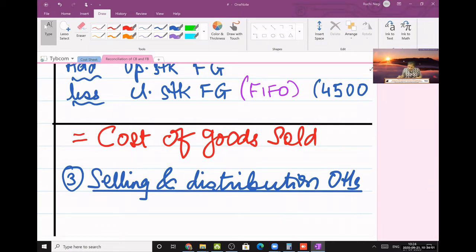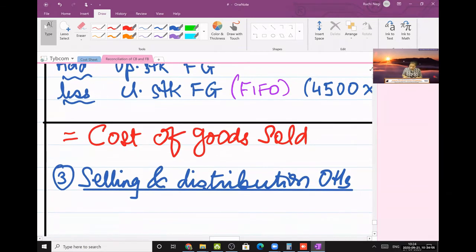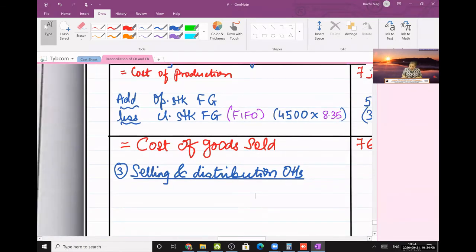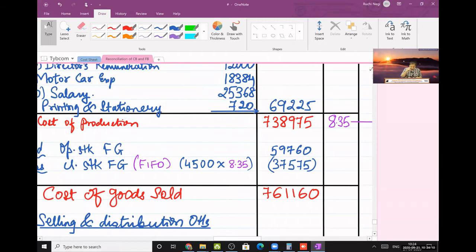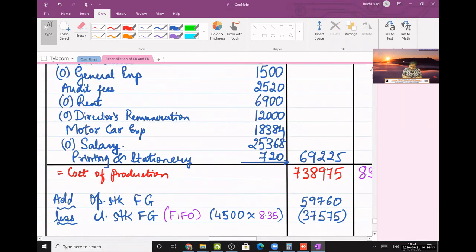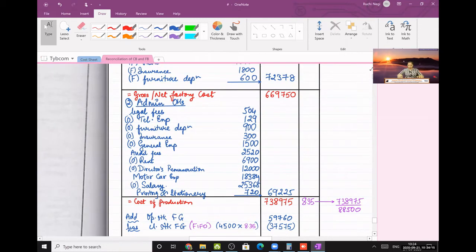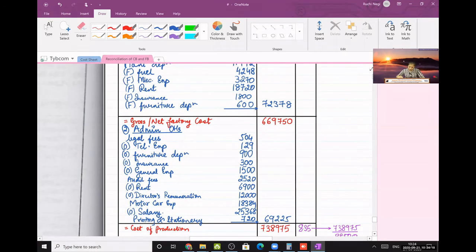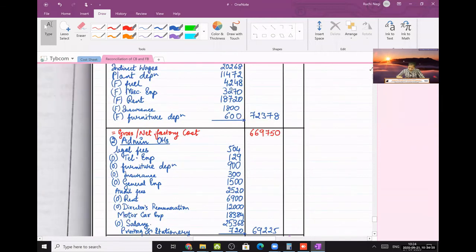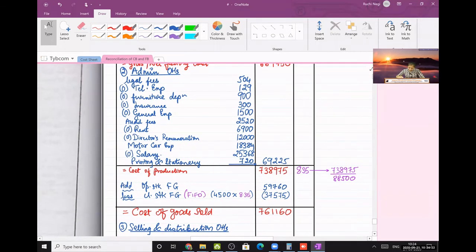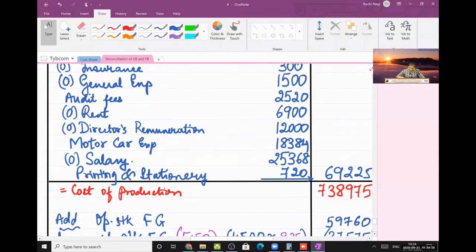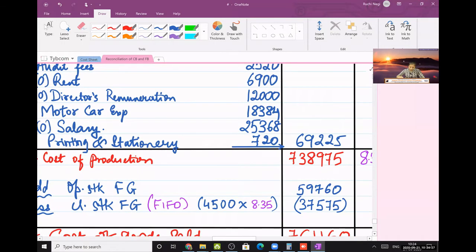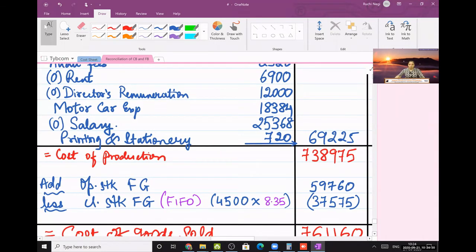Okay, Shivam, your COP is 7,38,471. Shivam, check the amounts once. Printing and stationery was taken because I had missed that. I just took 720.